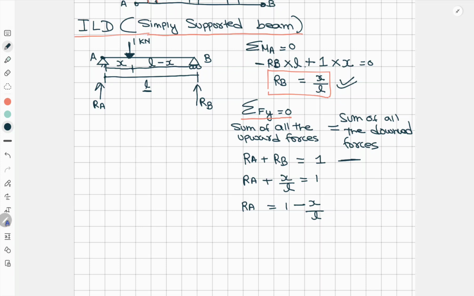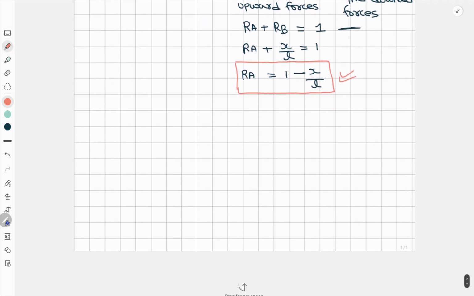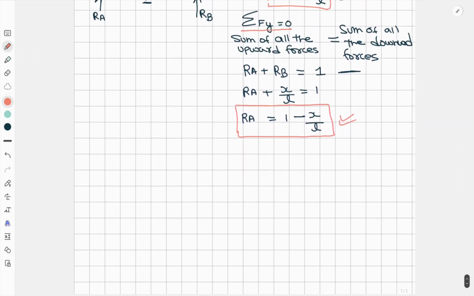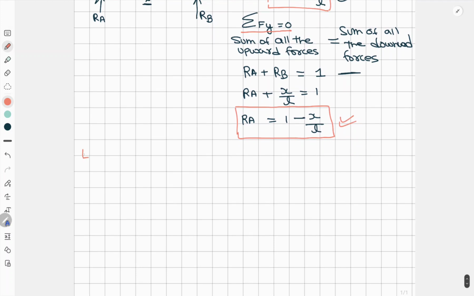So this is the equation of RA. Now we have a value for RA and RB. Now we can find the ILD for support reaction. So here I'll write ILD, influence line diagram for support reaction.